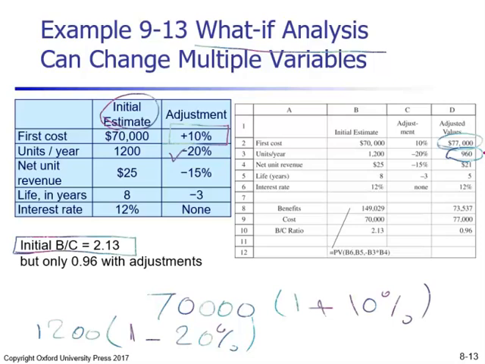But here, as a practice, you do the same for 25. So you are going to say the net unit revenue is 21, and the life in years you are considering 8. They tell you no, now the competition is very high and they don't think that the project can survive for 8 years. So let's consider it as 5 years.